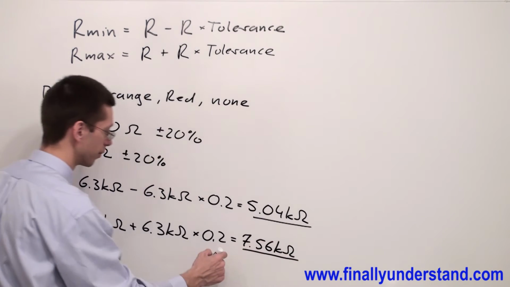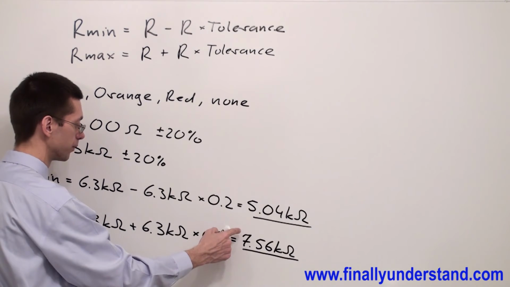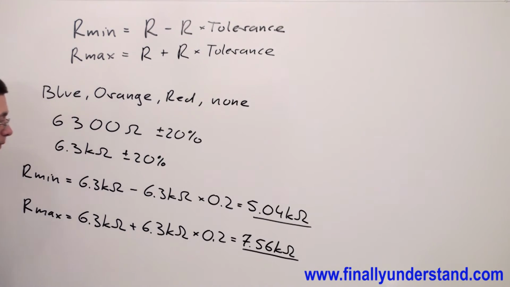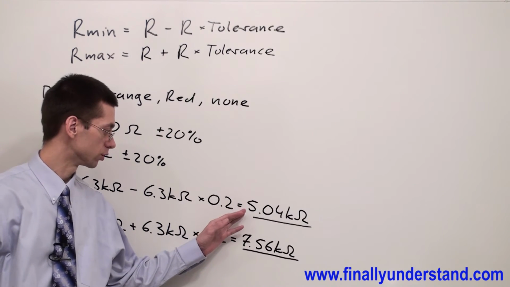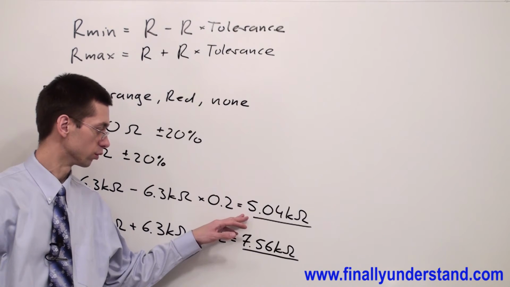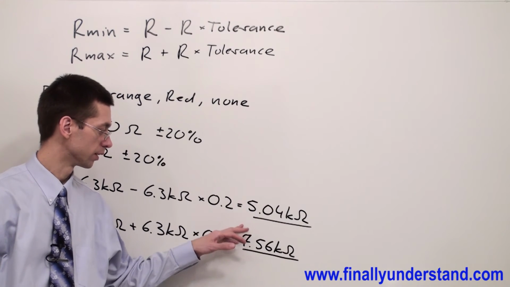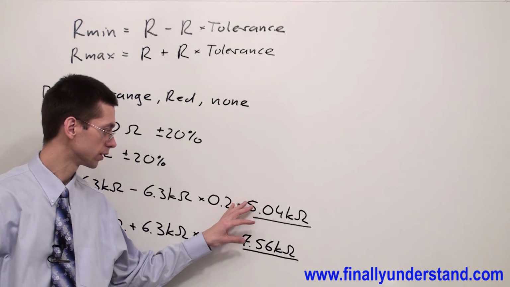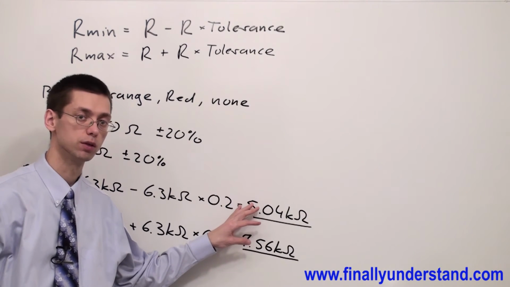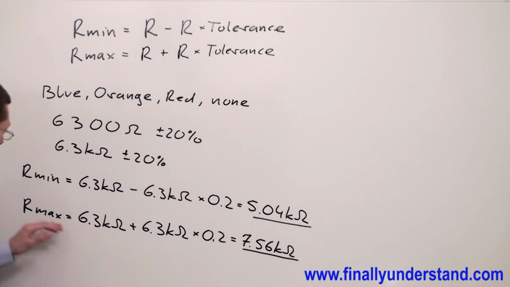And this is the possible maximum value of my resistance. Again, it doesn't mean that my resistor is going to have for sure this resistance or this one. The resistance could be this one or this one, but most of the time it's going to be somewhere between these two values. So this is the solution to my problem.